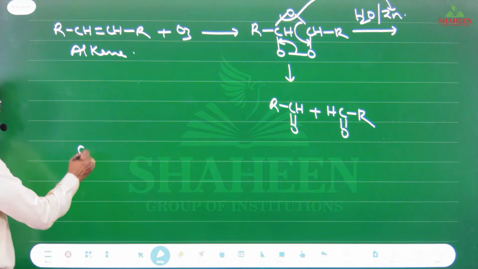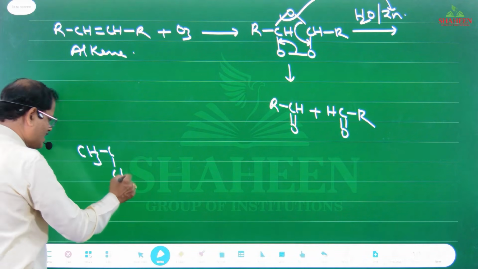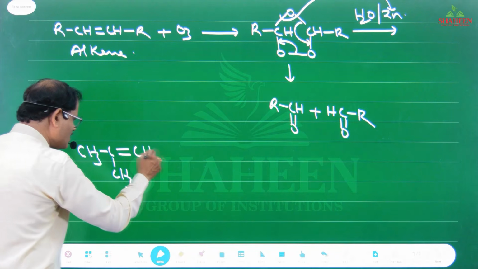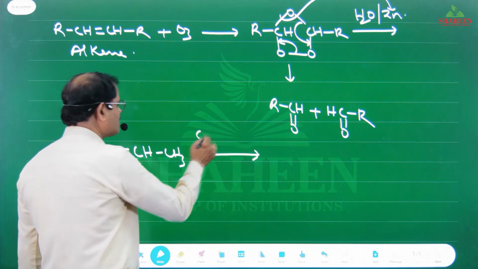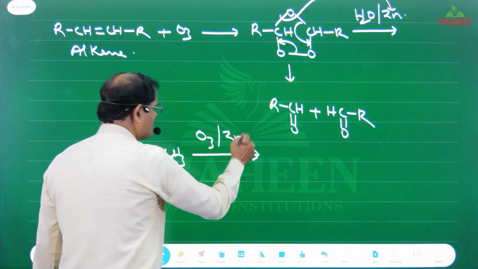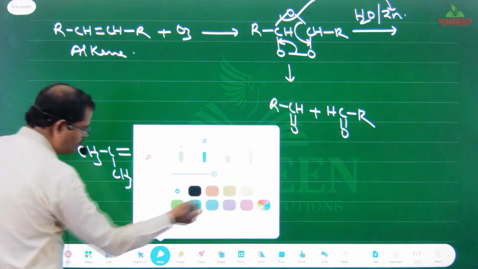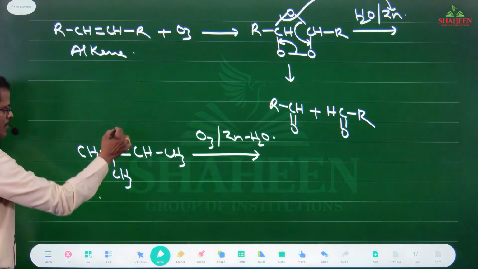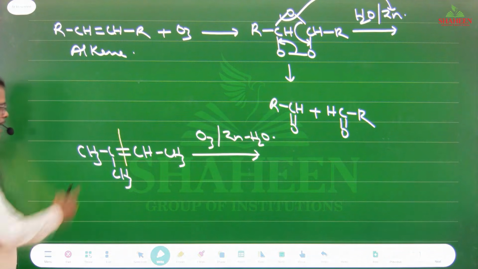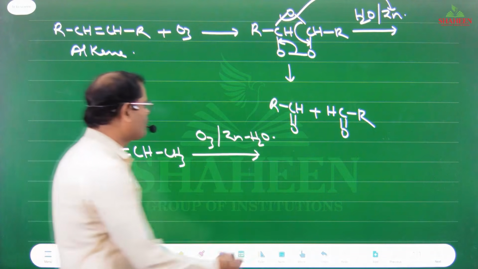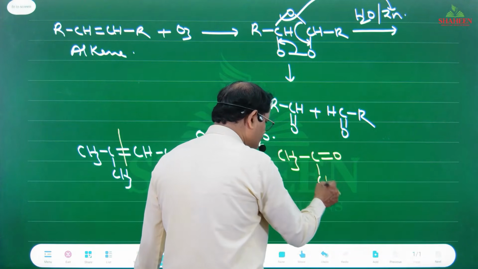So for example, if the compound is CH3 double bond CH and CH3, by reductive ozonolysis, what are the products? The question is like this, with Zn and H2O. Simply, we need to break the double bond, and each carbon atom is attached to an oxygen atom with a double bond.